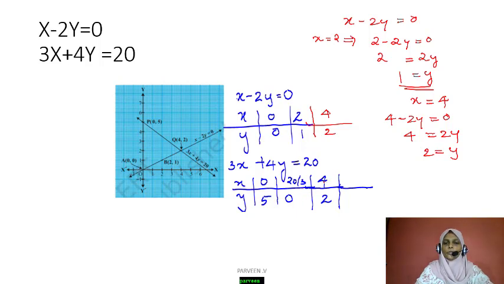We need a minimum of 2 points to draw. Then I try x is equal to 4. So put x is equal to 4 here. So 3 into 4, that becomes 12 plus 4y is 20. So 4y would be 20 minus 12. That is 8. So you get y is equal to 2.